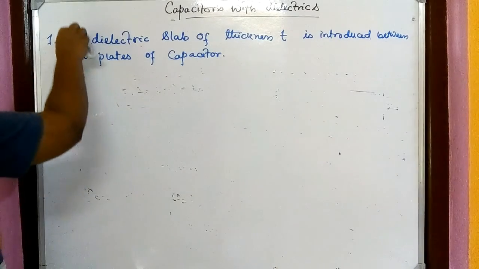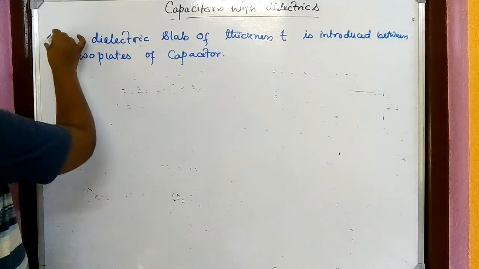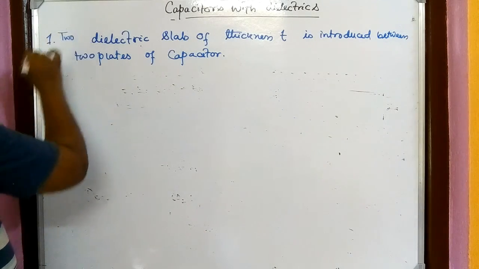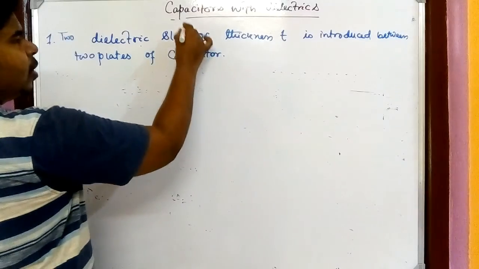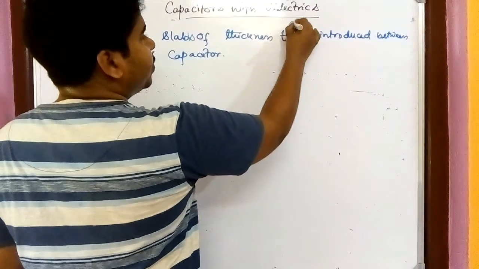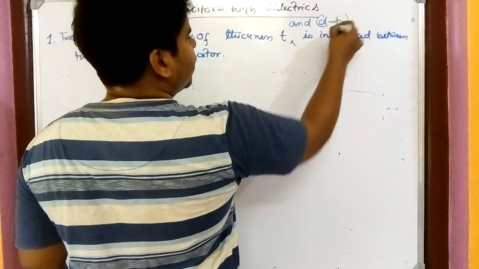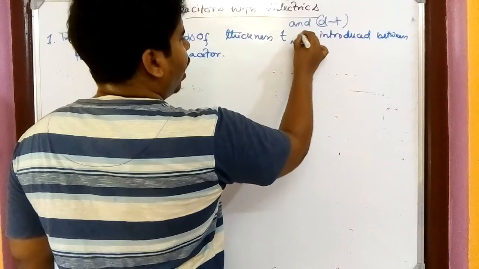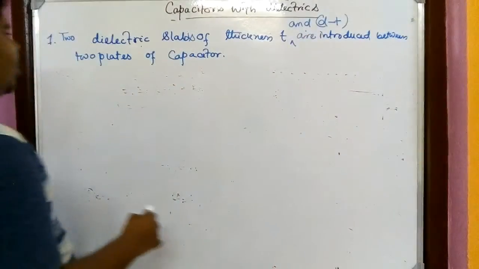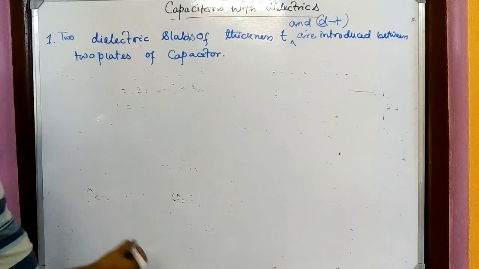Now it is two dielectric slabs of thickness T and D minus T are introduced between two plates of capacitor. Two slabs we have taken.